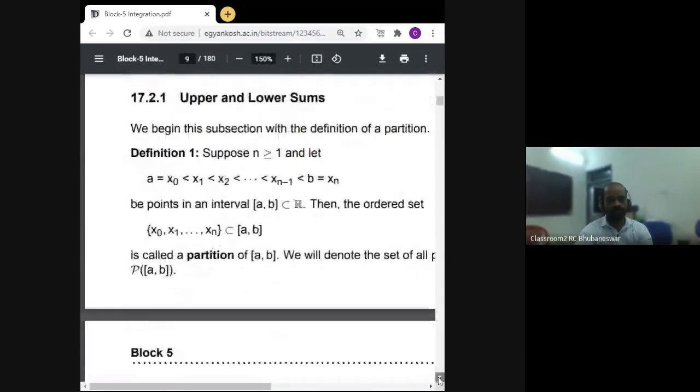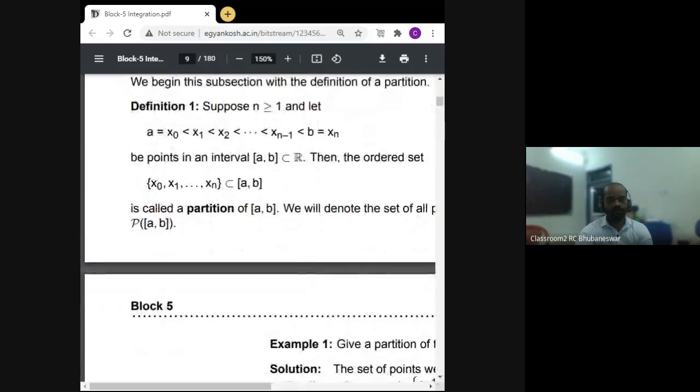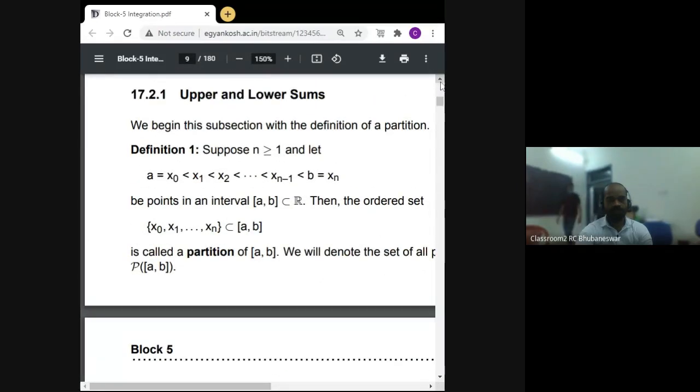Now let us proceed to the definition of upper sums and lower sums of a particular function in a certain interval.